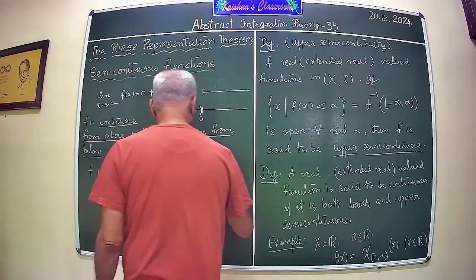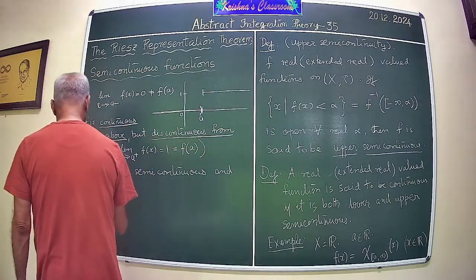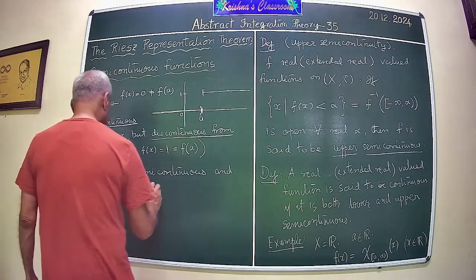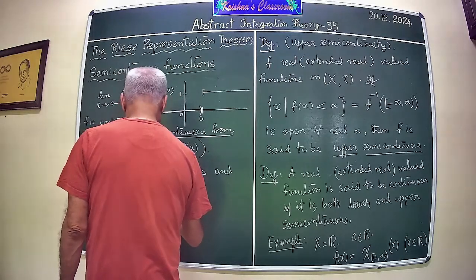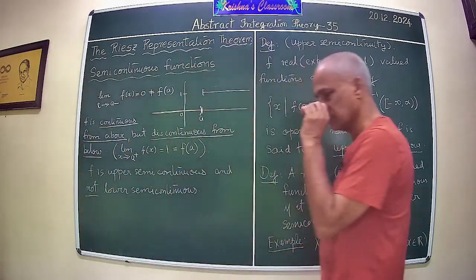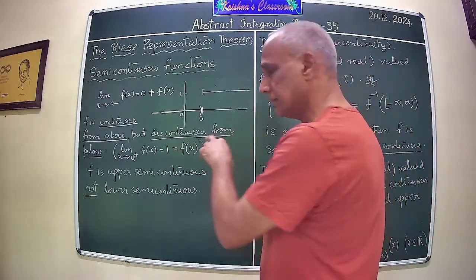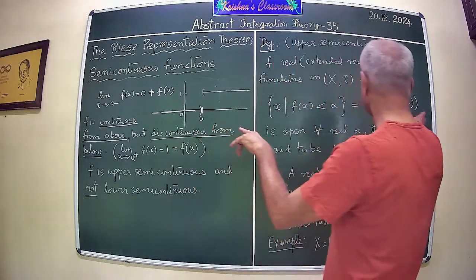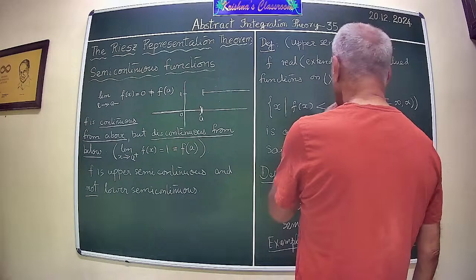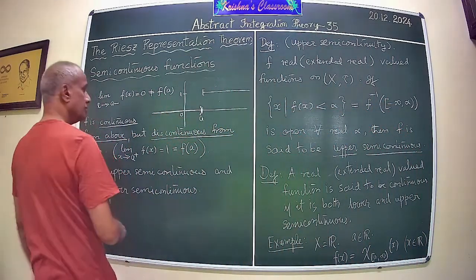And not lower semicontinuous. Here we are using only elementary calculus. Now we will take up the equivalent statement of this in terms of inverse images. What is f inverse of (minus infinity, alpha)?